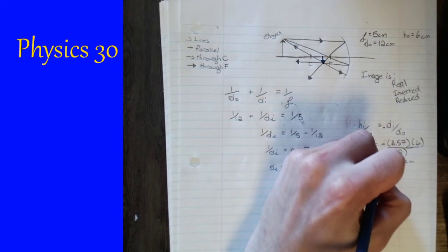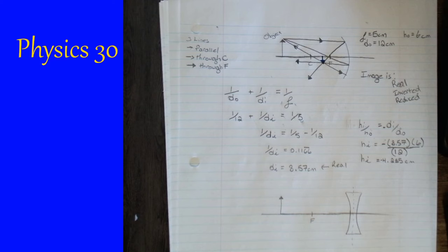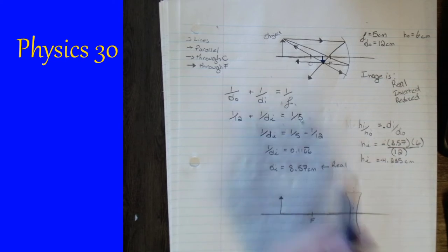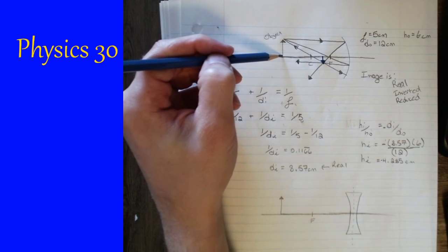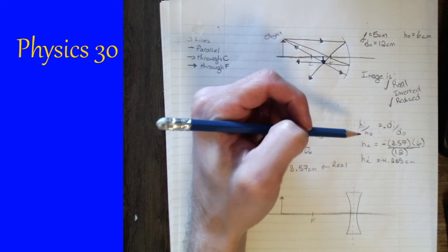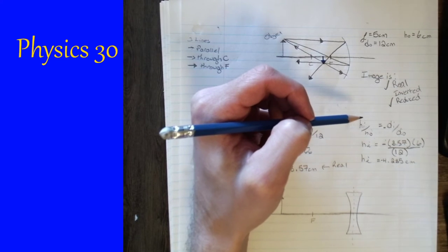Also, it's negative 4.285 centimeters. So that tells us it's a smaller image than what the object really is, so it's reduced. And what tells us that it is inverted?